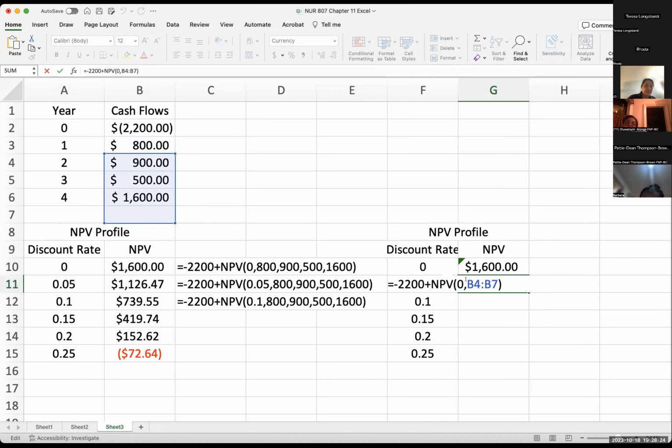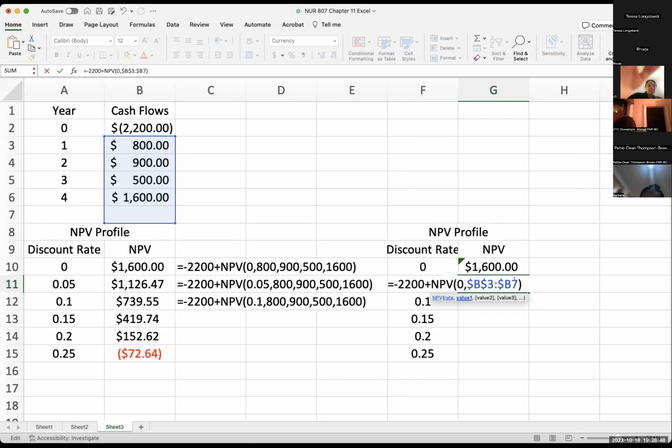So how do I stop that? The way to stop that is put a $ sign. This anchors it so it doesn't change from what it was before. So it was actually B3 to B4 to B6. You have to anchor them so they don't move.